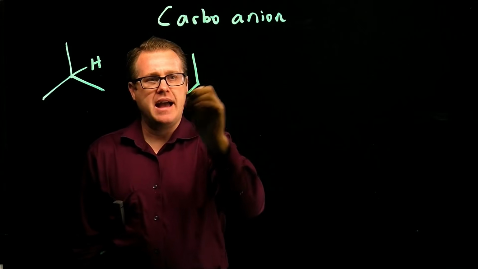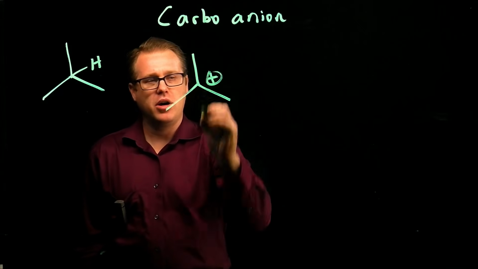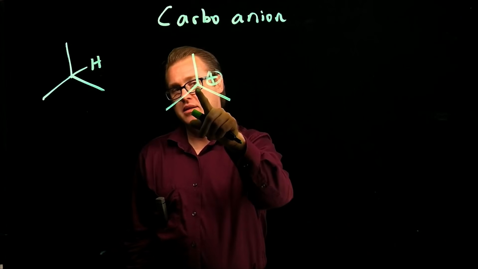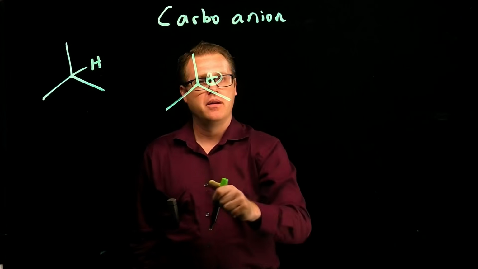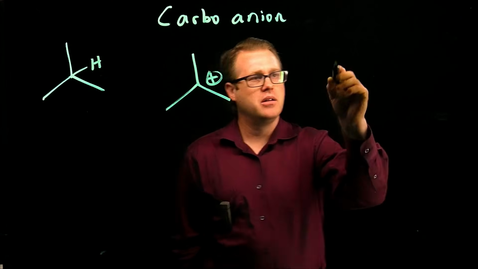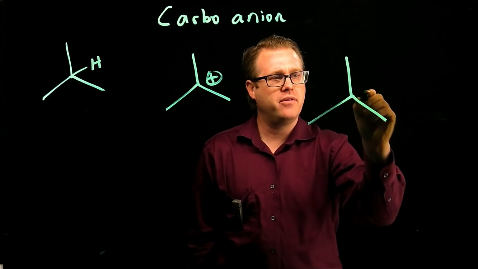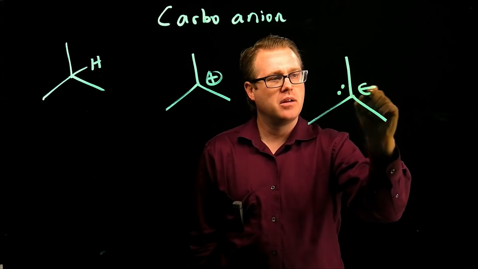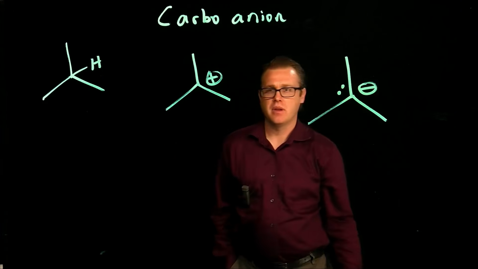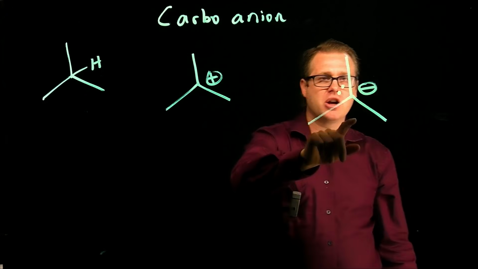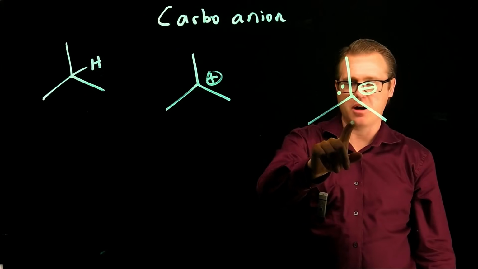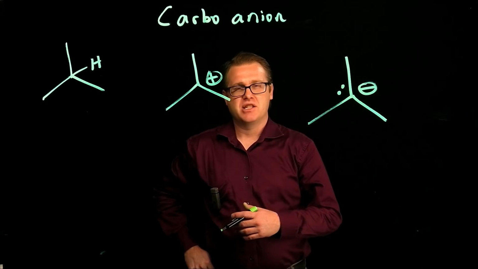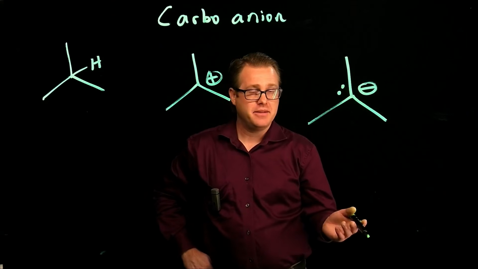We just looked at if we have a positive charge, that means the hydrogen is missing, and that's a carbocation. But what if we had a lone pair and a negative charge? That right there is called a carbanion. Or sometimes we just say it really fast and say carbanion.